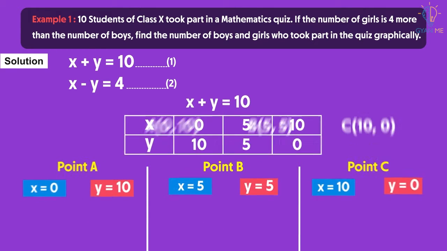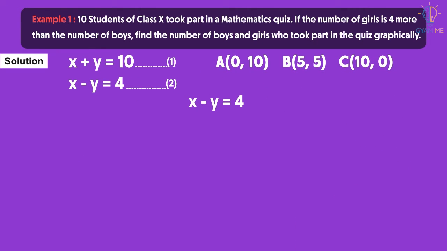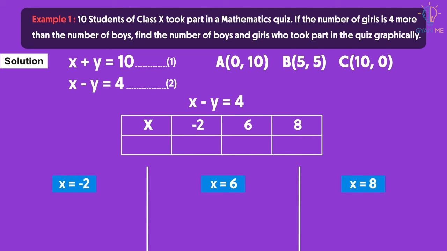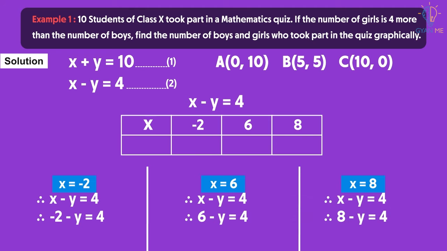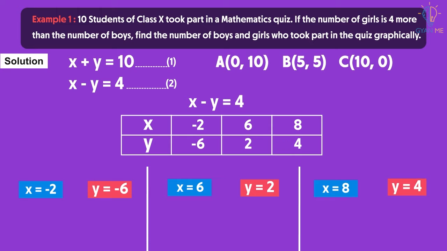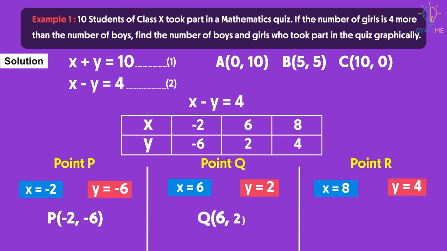Similarly, for the second equation, x minus y equal to 4, let us assume different values of x and put them in the equation to get the corresponding values of y. On doing that, we get coordinates of 3 points, say P, Q, R as minus 2, minus 6, for Q 6, 2 and R as 8, 4.